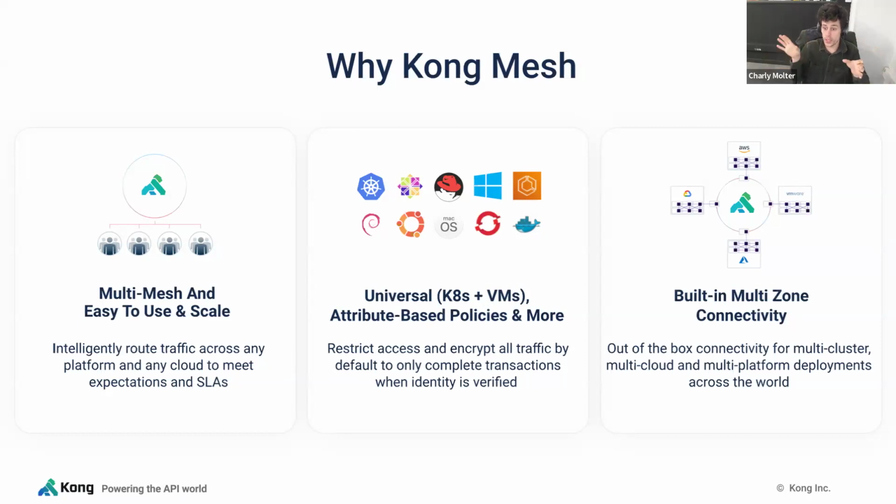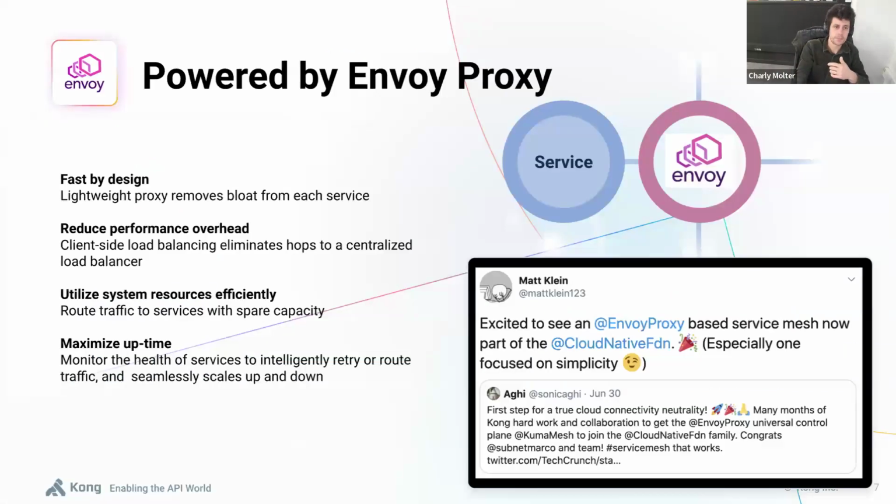You can also run it only on VMs and not even have a Kubernetes cluster if that's something you're not interested in at all. And then it has a very easy and straightforward way to do multi-zone connectivity. That means you can connect your different clusters of VMs, of Kubernetes, or a mix of everything together so that applications can discover one another and communicate with one another very easily.